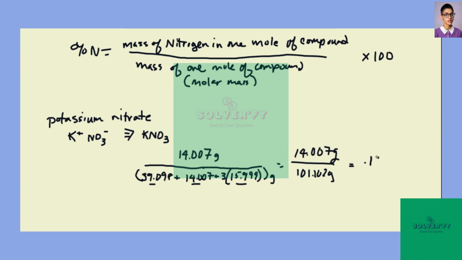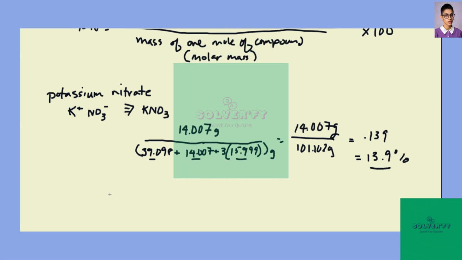Or 0.139, which is equal to 13.9%. So the percent nitrogen in potassium nitrate is 13.9%.